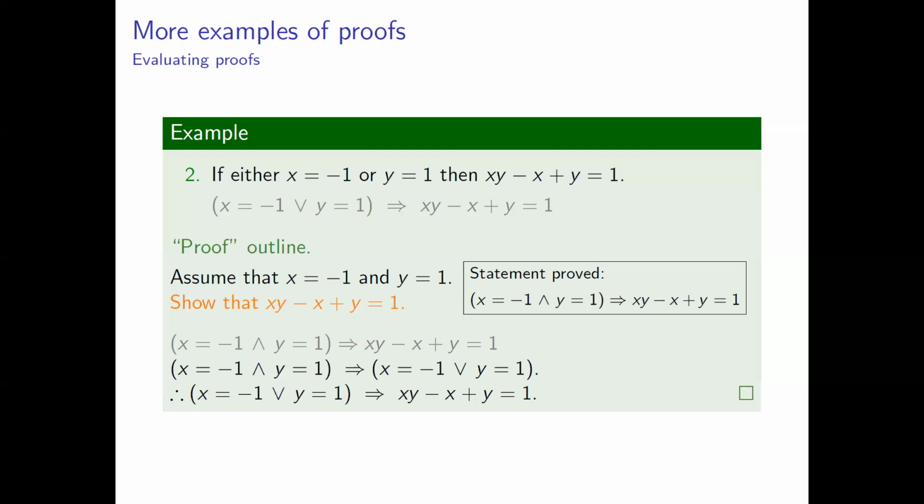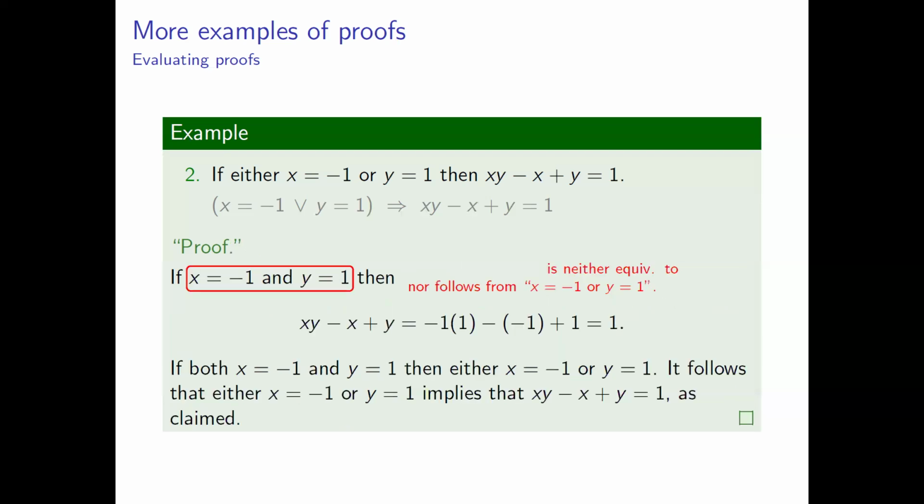Its conclusion is, if either x equals minus 1 or y equals 1, then xy minus x plus y equals 1. The argument has the underlying formula: P implies Q and P implies R. Therefore, R implies Q. We see that there are two logical errors here.